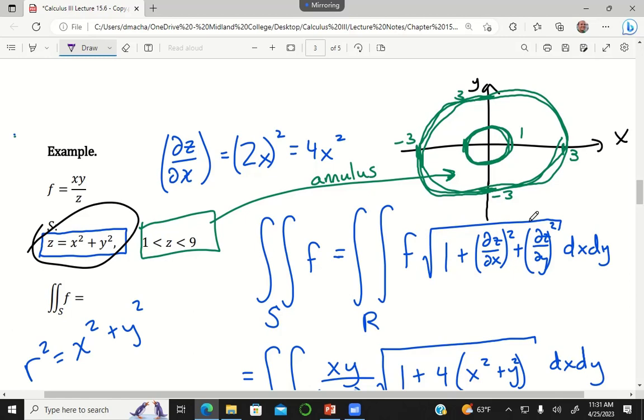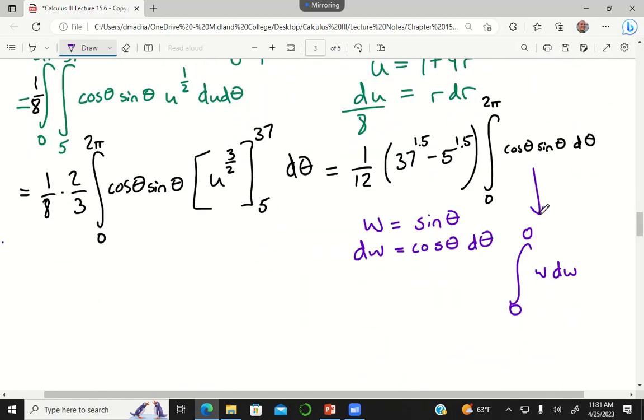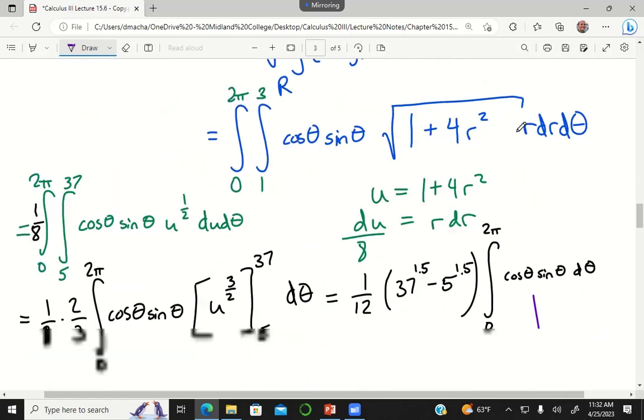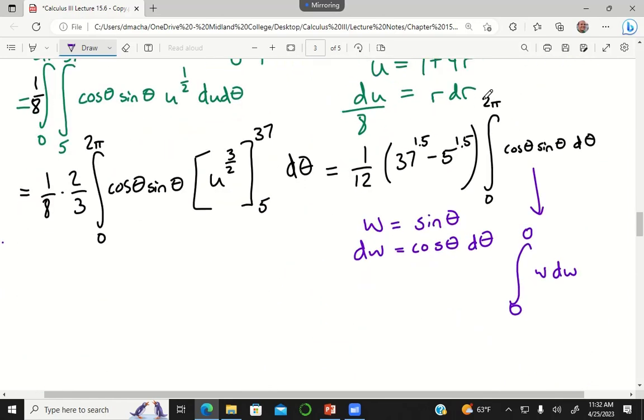It would be a more interesting question if we only thought about the first quadrant. Then what would be my bounds on theta? Theta starts at 0 and goes to pi over 2. Just out of curiosity, changing gears, different problem: what if we only think about the surface that lies in the first quadrant? In that case, this wouldn't be 2 pi, this would be pi over 2.